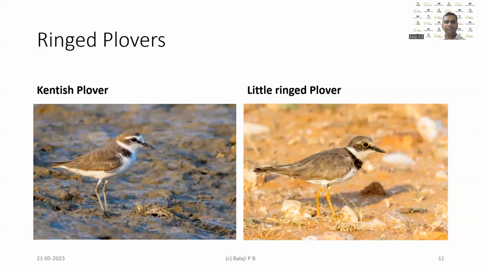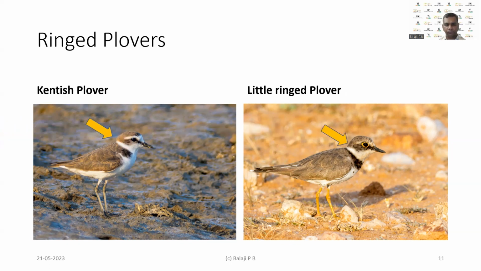Another bird, very similar in size to the Kentish plover, is the little ringed plover. And how do you tell apart the Kentish plover and the little ringed plover? Sometimes a challenge, because in the non-breeding plumage they resemble each other.